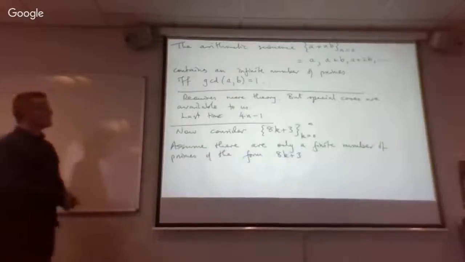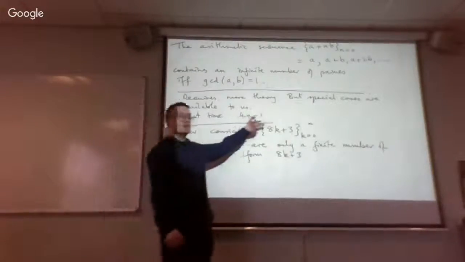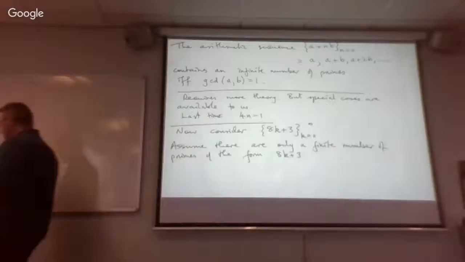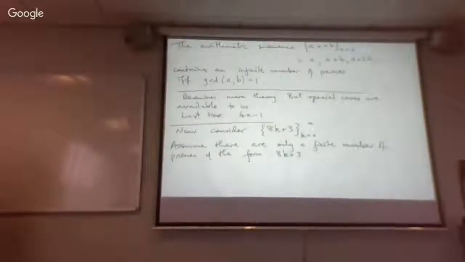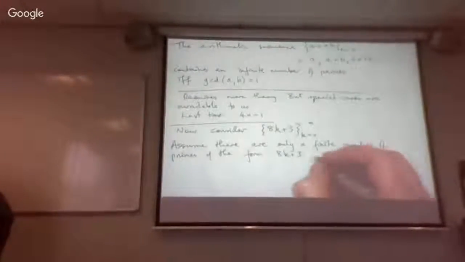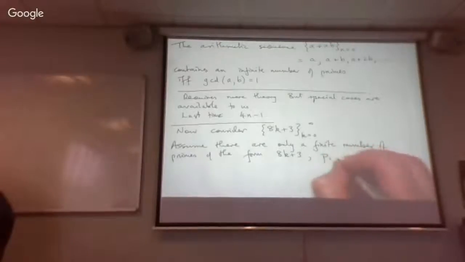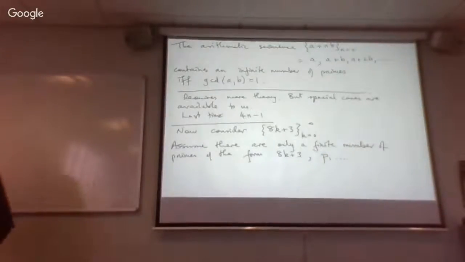Sorry, I'm adding 8 each time. So there's quite a few primes in the beginning of the sequence, so there's certainly some of them. So we'll assume that there's only a finite number of them. Let's call them P1 up to PS.